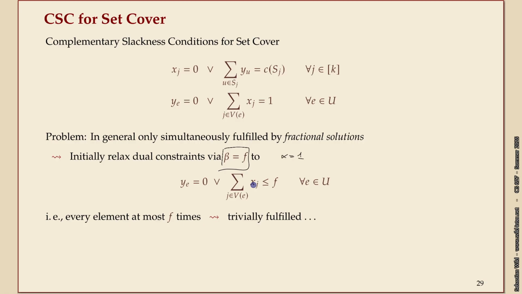But if you keep the x's below 1, that's always going to be satisfied, because we have at most f sets that it occurs in. So we're making that second condition completely trivial. But hey, that's fine. Trivial conditions are easier to satisfy. And in the end, we're going to aim for a factor f approximation, right? Alpha times beta is just f here. So that's what's going to pop out.